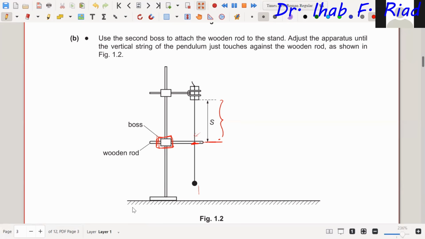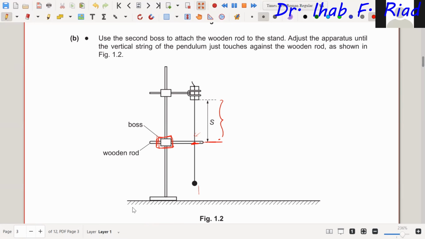Then the error in measuring one oscillation, or the absolute error, means the percentage error in one oscillation is going to be very big. So the way to go through it is to time more than one oscillation.